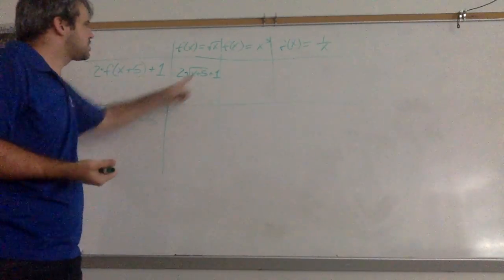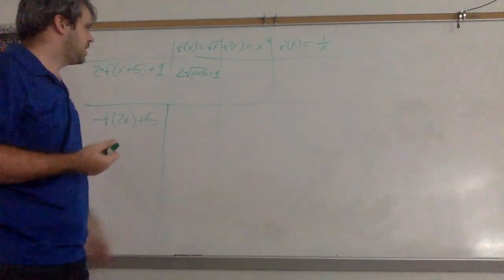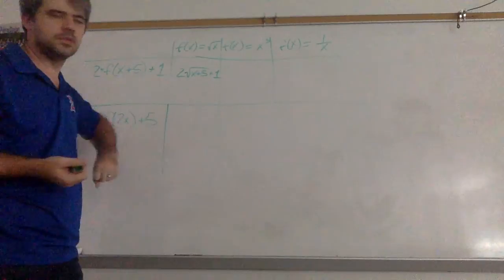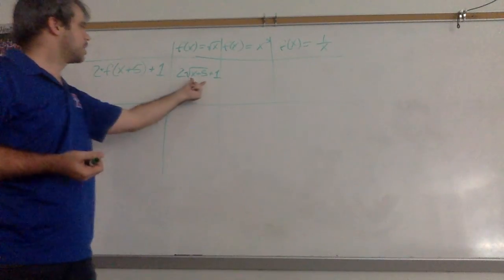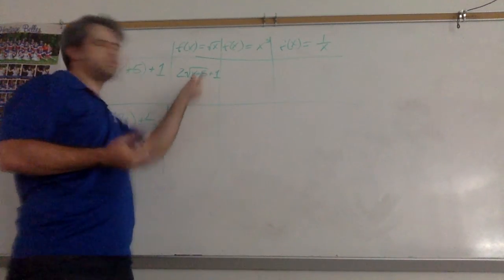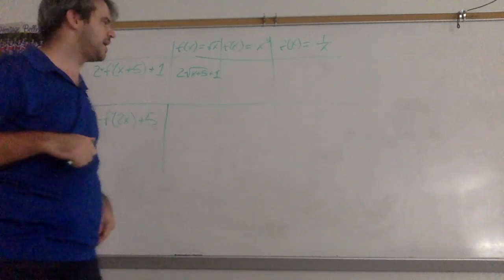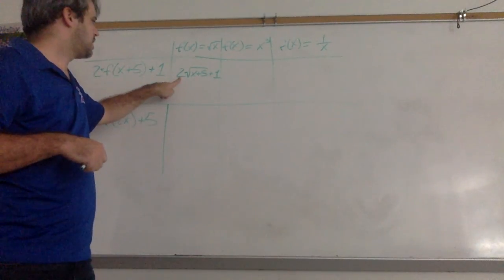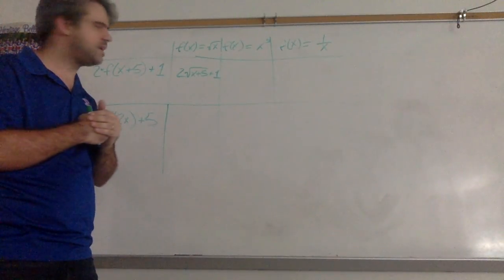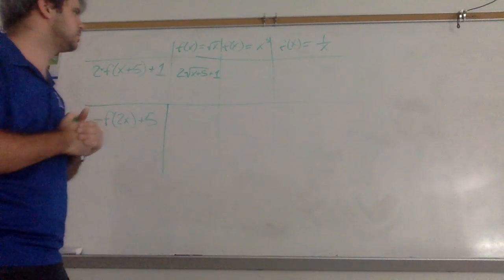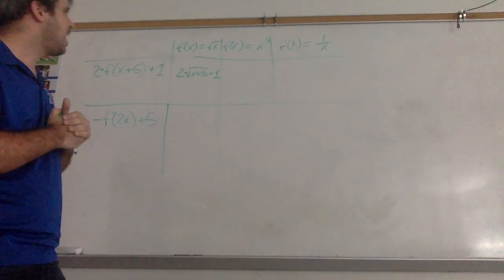Okay, so this is going to be your regular square root function, except we're going to move it up 1. We're going to reduce all of our inputs by 5 so they can undo that. And we're going to double the output here. So it's going to be that vertical stretch. Okay.